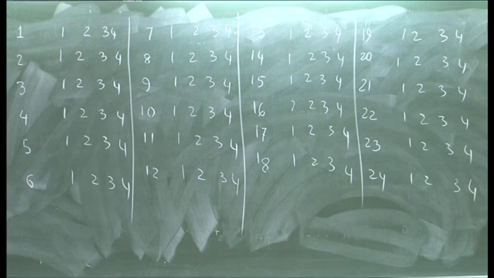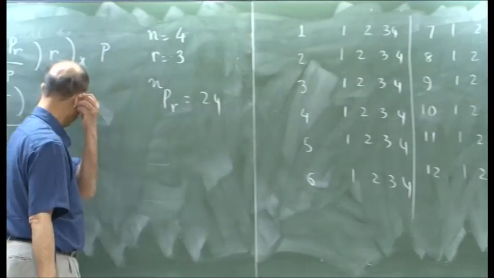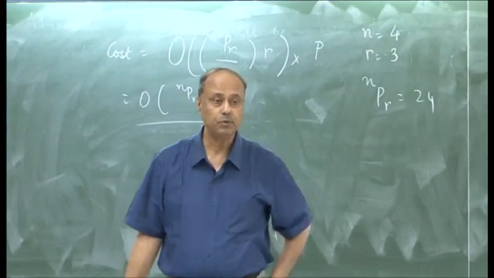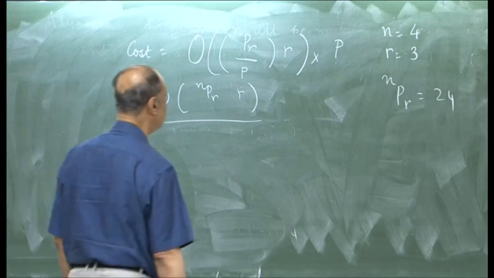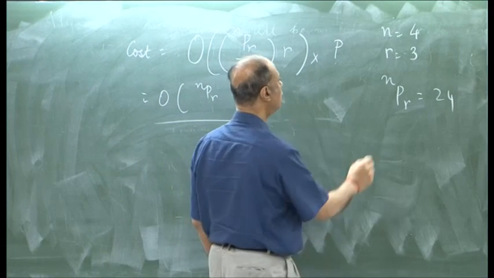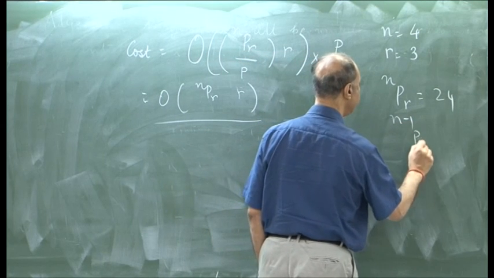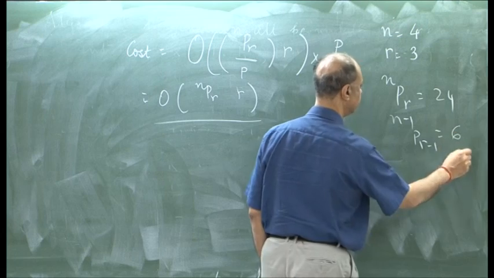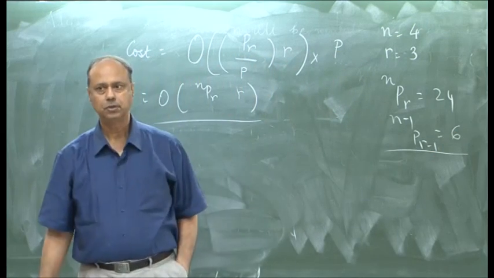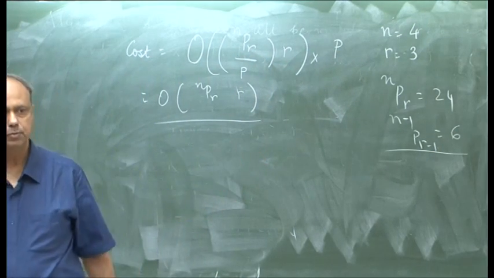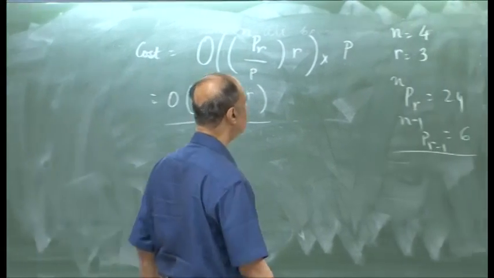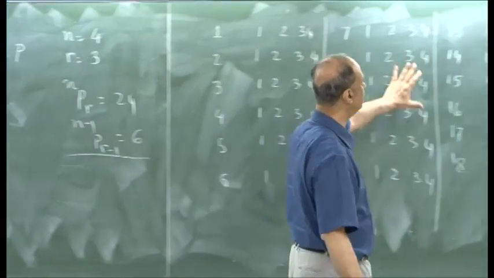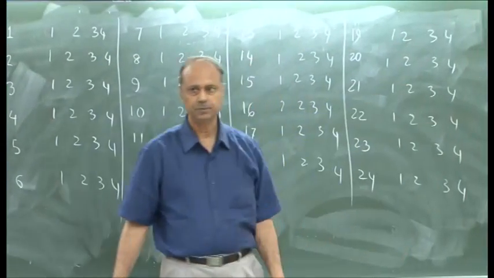As I told you, you have nPr rows, which is 24. Now these 24 rows are divided into 4 groups, each group having size nPr minus 1, which is 6. This is the first group, the second group, the third group, and the fourth group.